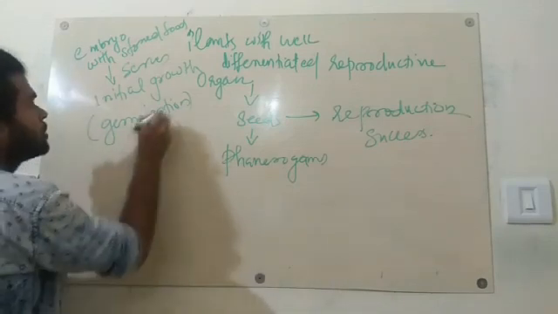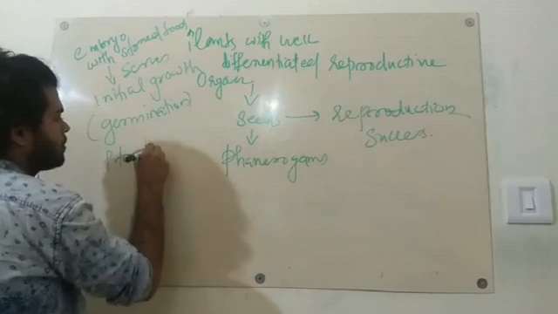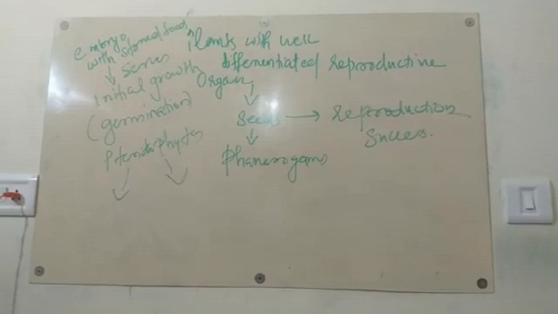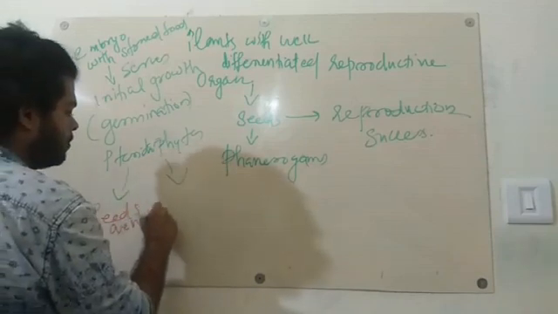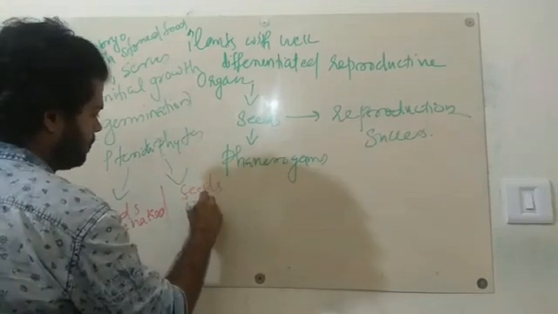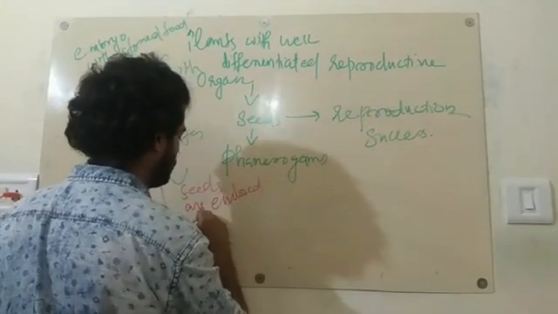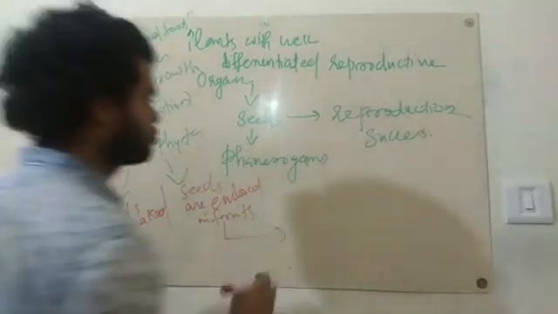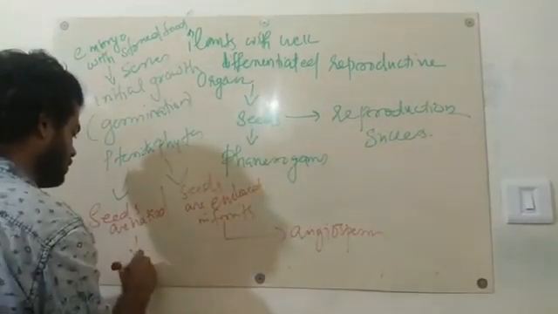The seeds enclosed in fruits are known as angiosperms, and the naked ones are known as gymnosperms.